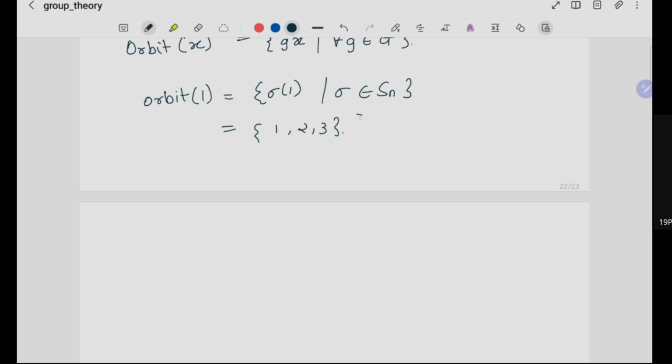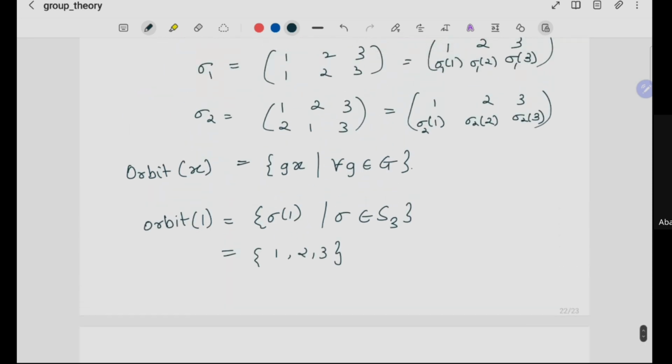Okay. Ma'am, if sigma is in S3, then we can say the orbit of 1 is 1, 2, 3. Yes, if sigma belongs to S3, yes. I'm talking about this particular example instance.